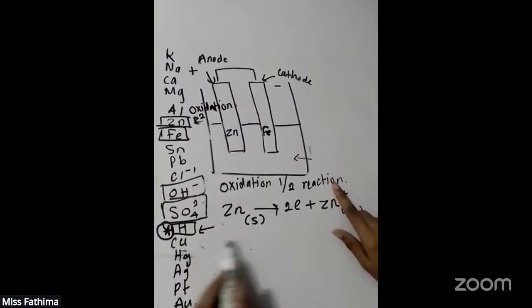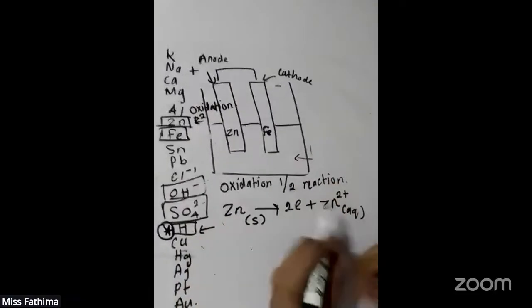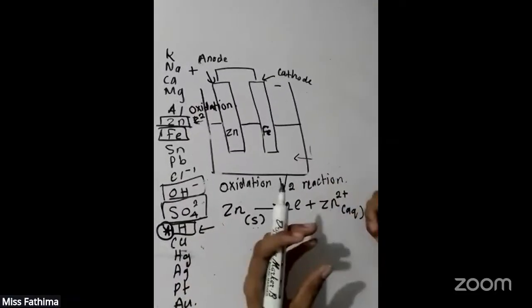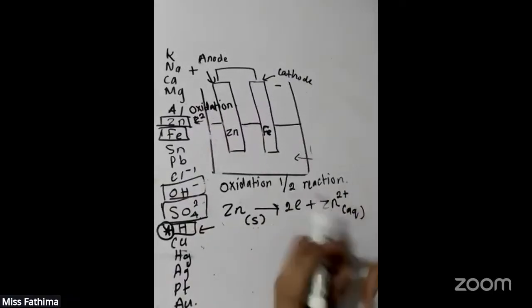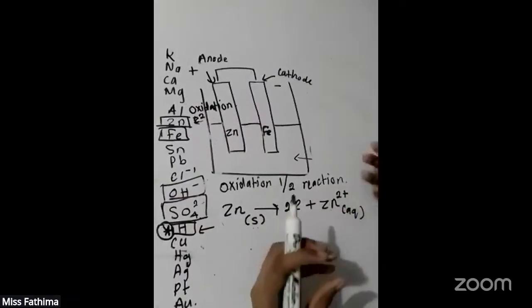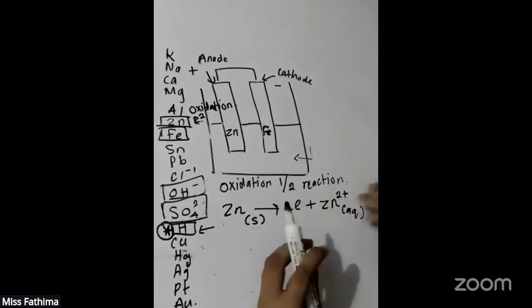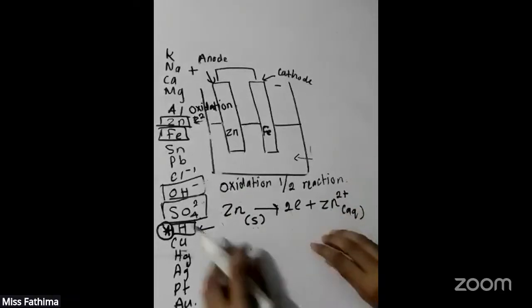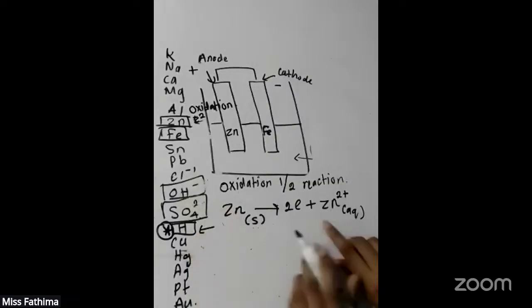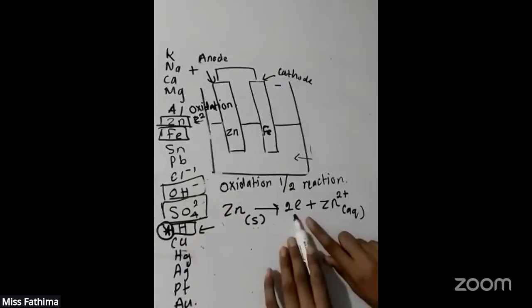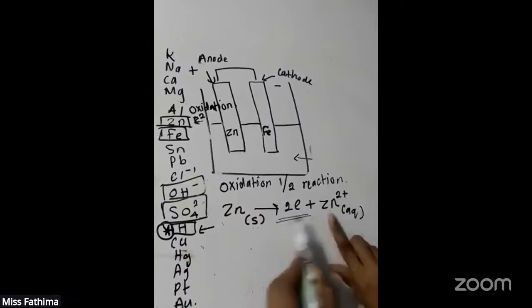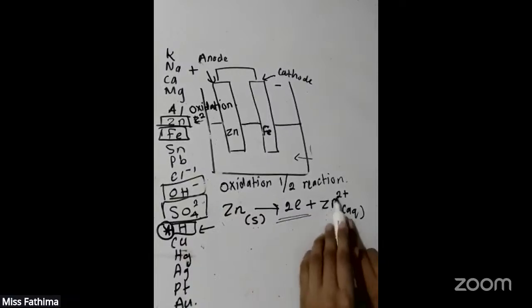A chemical reaction should take place to produce electricity. In order to become stable, zinc should lose 2 electrons. If it loses 2 electrons, it will become Zn 2+.